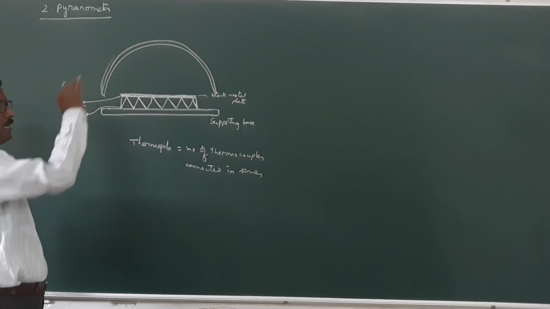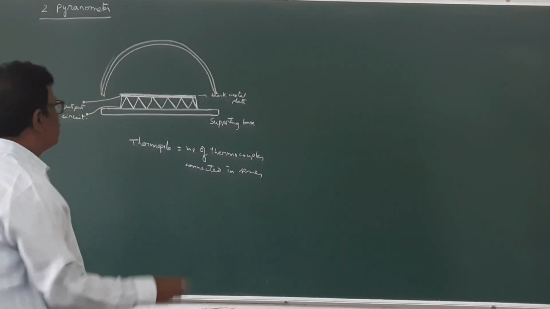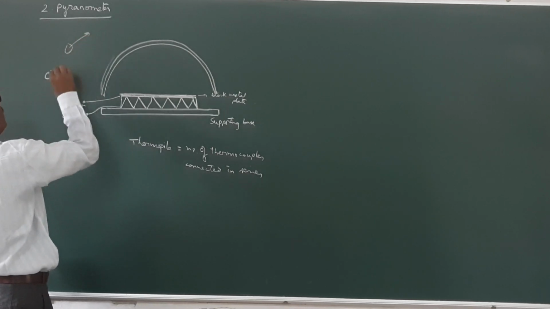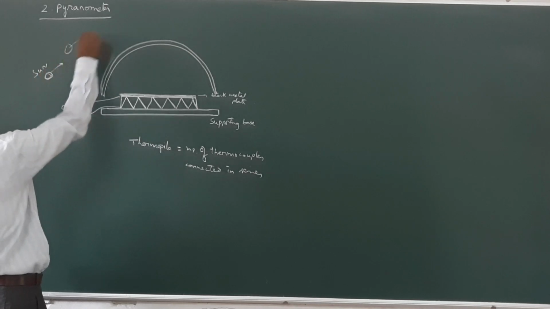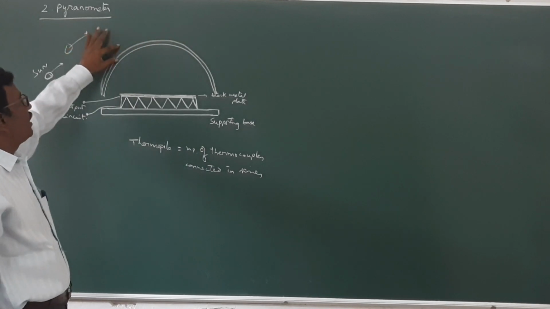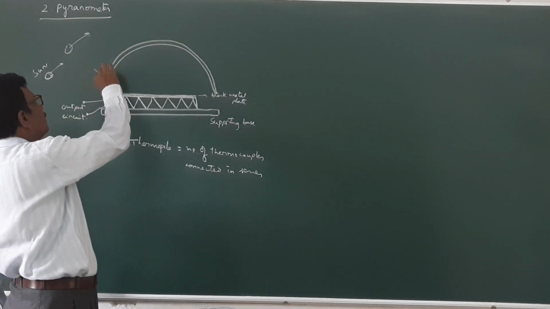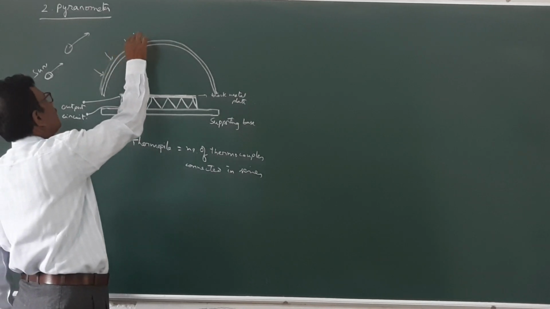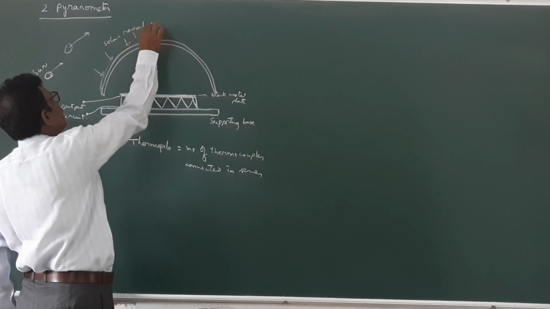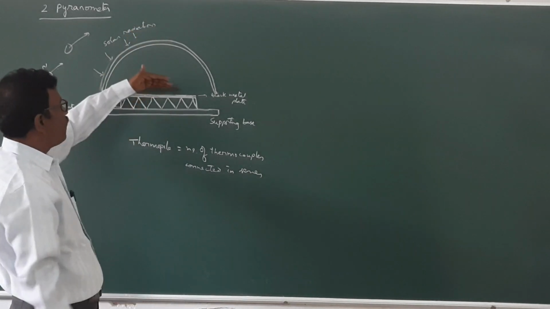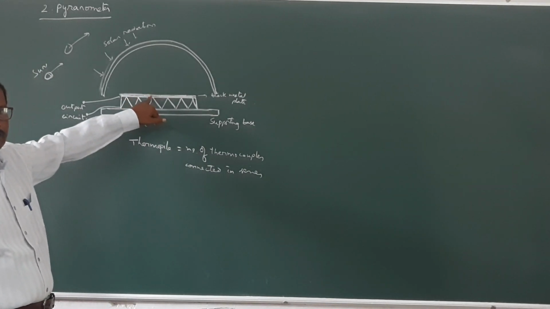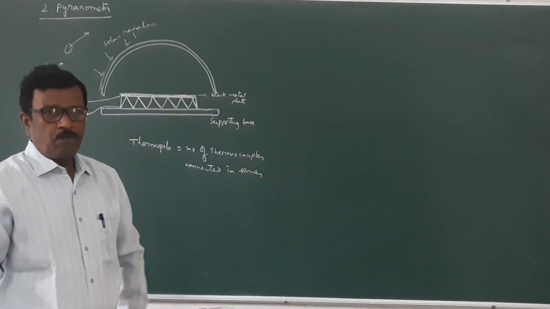Now, when this is kept in solar radiation, the sun will be moving from one end to the other. As it moves over the dome, solar radiation will fall on it, and that radiation will be focused on the metal plate coated with black, which is kept over the thermopile.